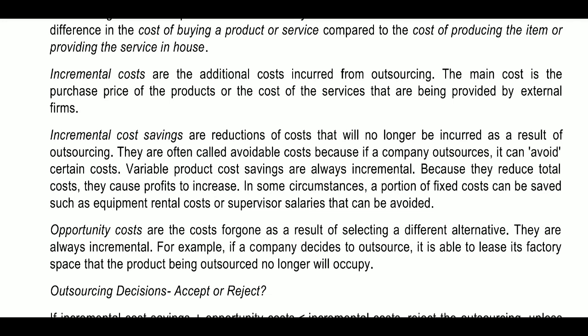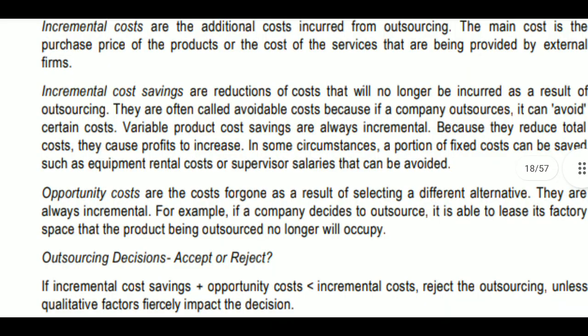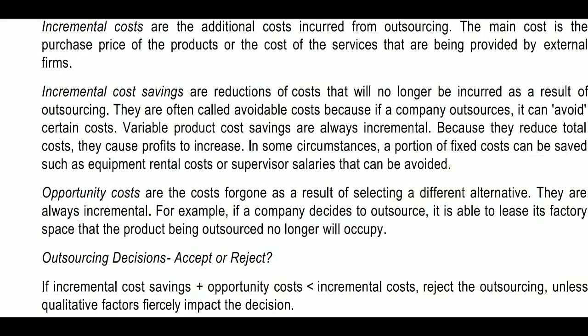Next, if you are going for more than one product, then we will see first which product is not available to manufacture on our own. Then we will see the outside price and deduct the variable product cost, and we will get the variable cost savings.